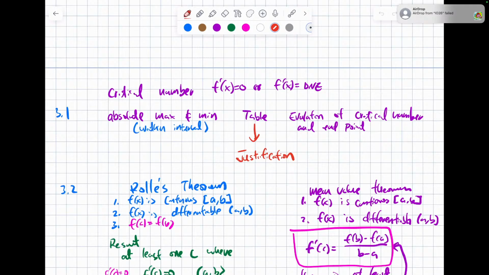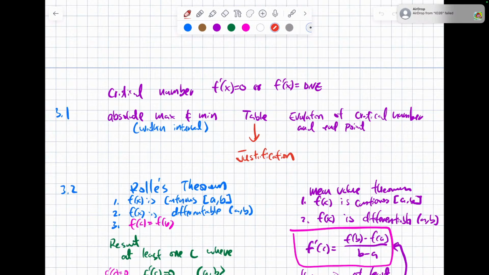Evaluate means you plug that x value into the function to get a y value. Lastly, compare which output is the highest. Also, on the AP exam, when I say value, it means a y value. Those are things you should pay attention to.